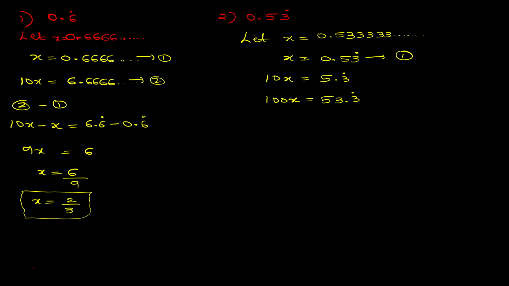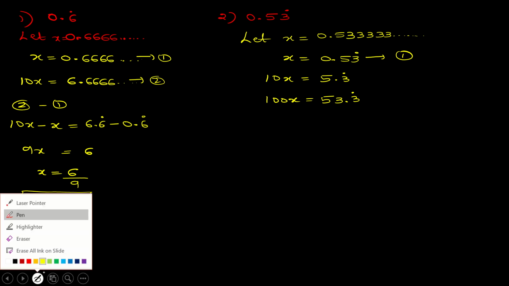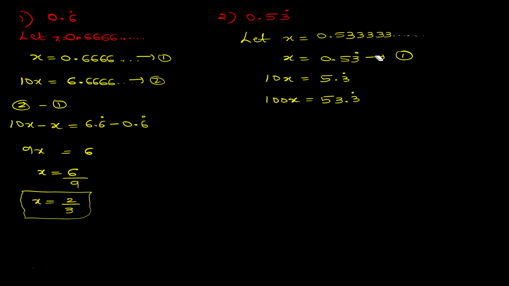Now we have 3 equations, and it's your choice which equations you choose, but the decimal part needs to be the same. In equation 1 the decimal part is 53 dot, and in the other two it's only 3 dot. So the second and third equations are the best ones to use. So I'll change the equation numbering; this won't be equation 1.